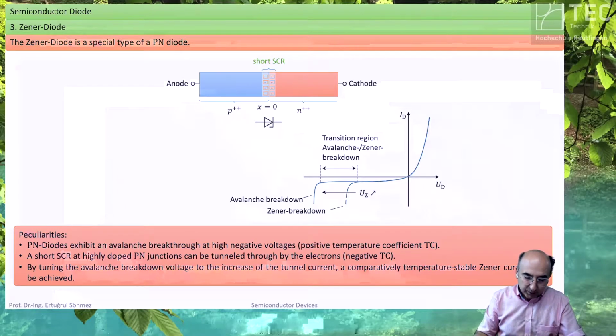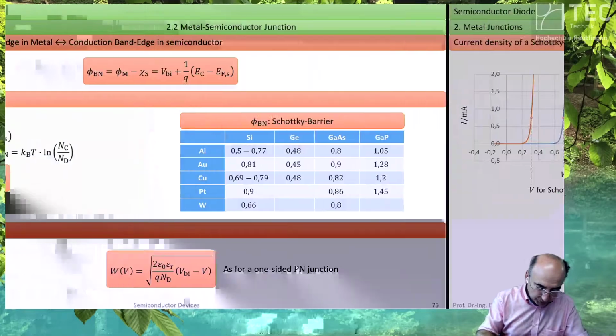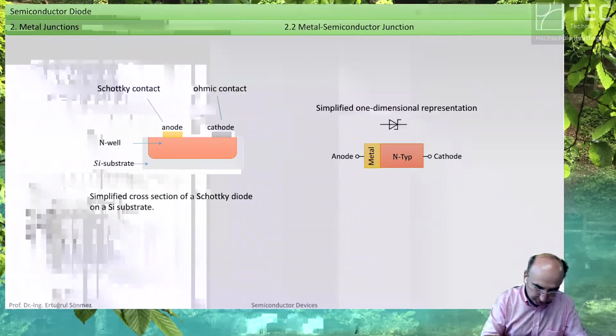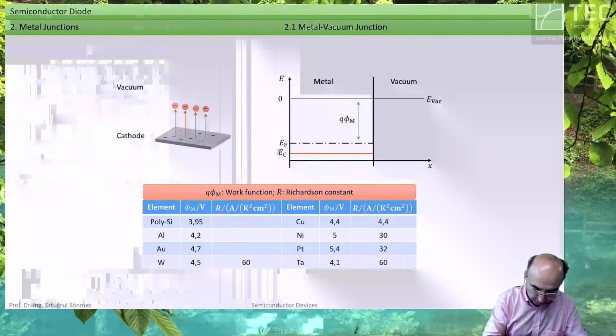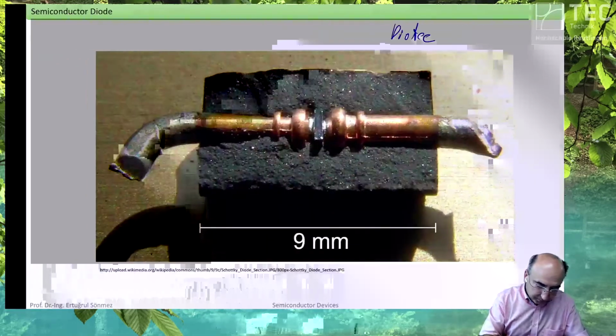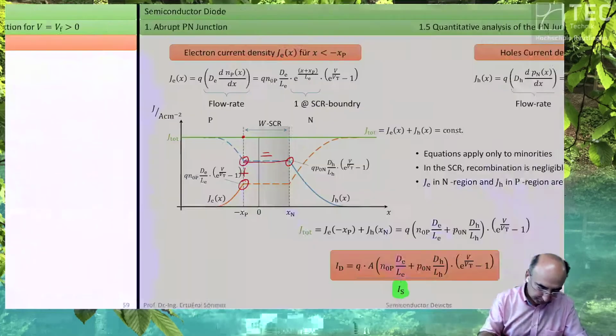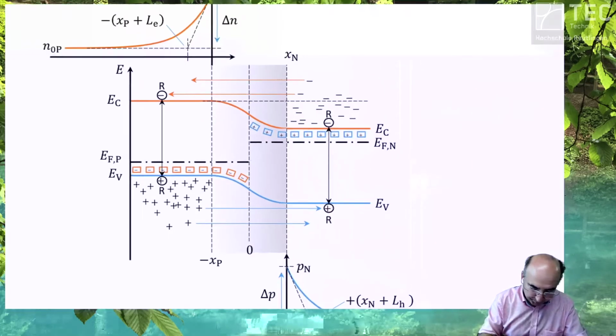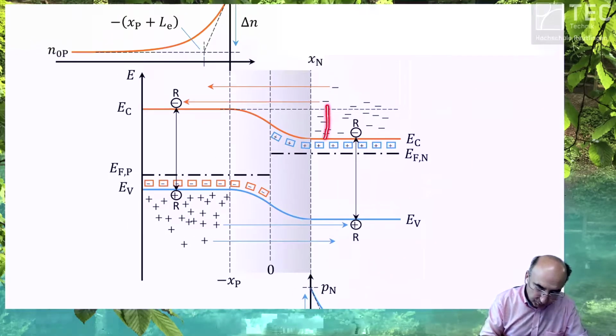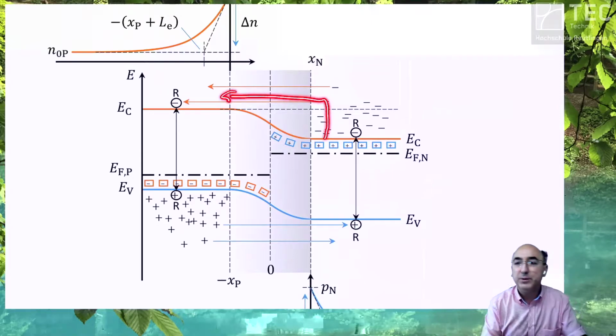Okay, so we say that the electrons, let's go to the p-n junction. Here, we say that the electrons need to overcome the barrier to diffuse to this area.